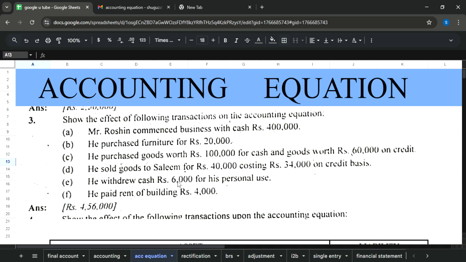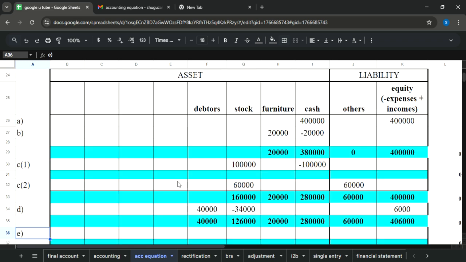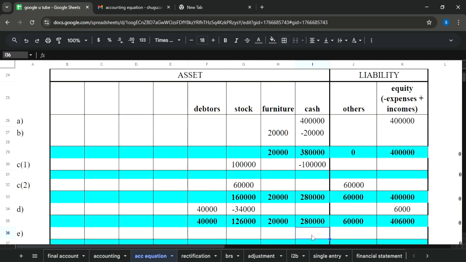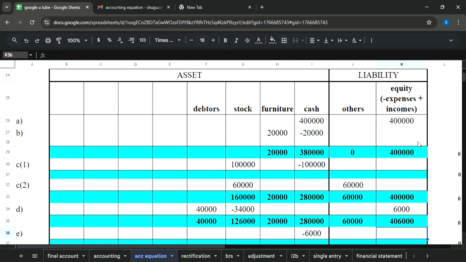So he withdrew cash, cash is going out, decreasing cash, you will put in cash column how much amount, 6,000. So cash is going out, you will put sign minus. In the similar way, it was his amount when he had invested 4 lakh and now he had drawn that amount. That capital would also be decreased.